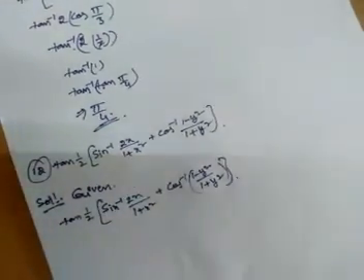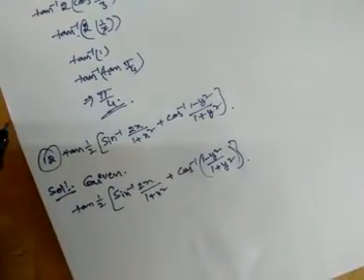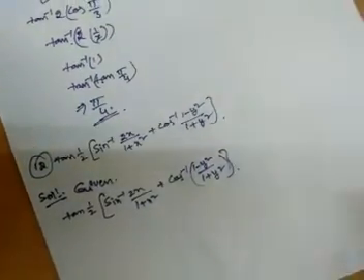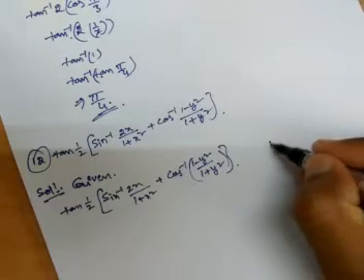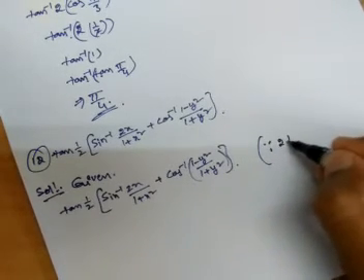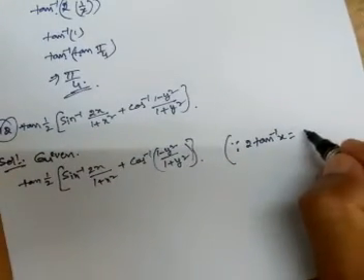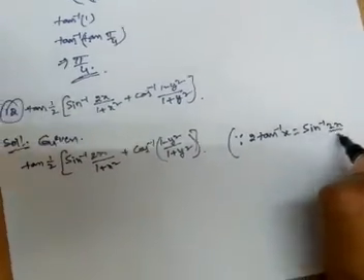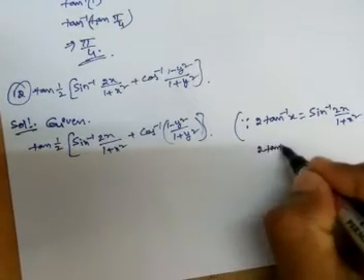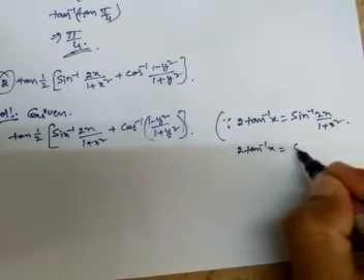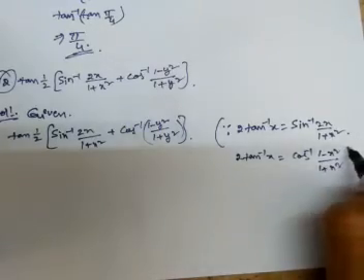We know the formulas for sin inverse of 2x by 1 plus x square and cos inverse of 1 minus x square by 1 plus x square. We know the formula: 2 into tan inverse of x equals sin inverse of 2x by 1 plus x square, and 2 into tan inverse of x equals cos inverse of 1 minus x square by 1 plus x square.